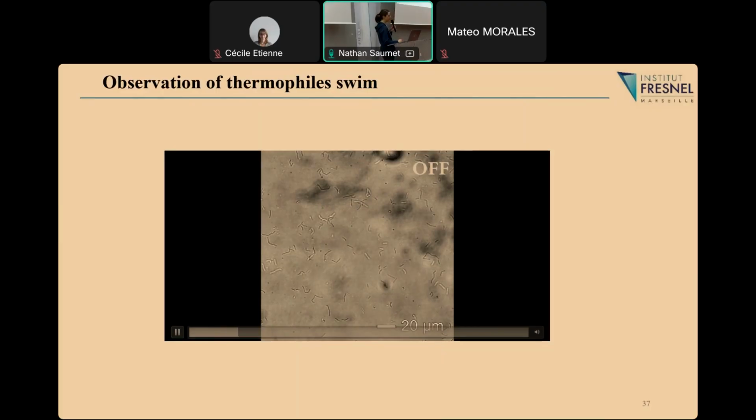It's a real-time video, so that's why it's a bit long. At some point, the laser is turned on, and we can observe a bacterium here, which is swimming. And we will observe it here again. So it's real-time activation of thermophiles.